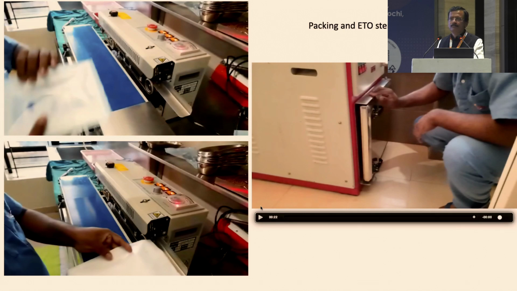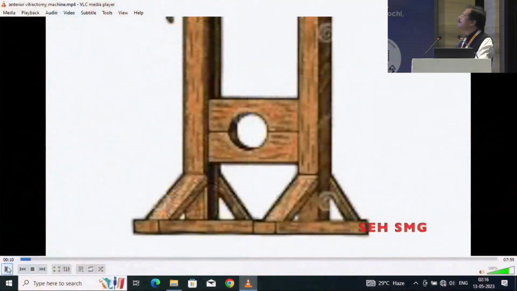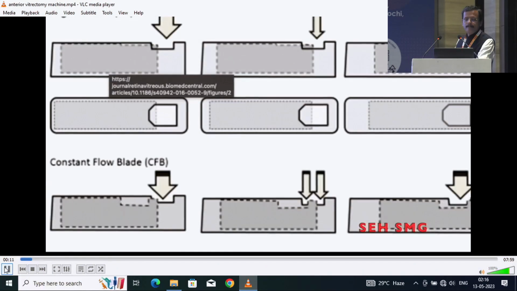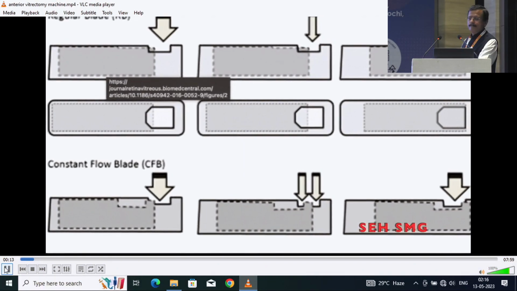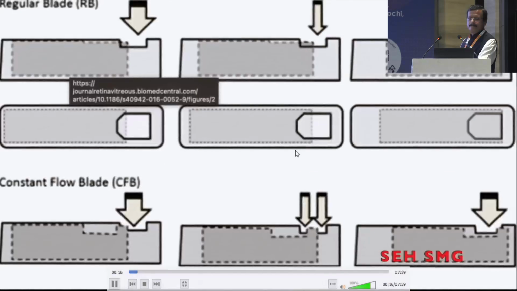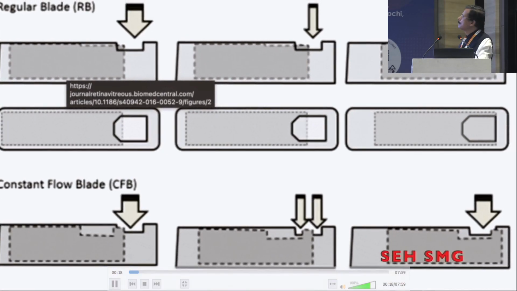Vitreous cutters are based on the Guillotine principle. This has not changed. When the vitreous gets engaged to the cutter, it gets cut into small pieces and makes aspiration easy.